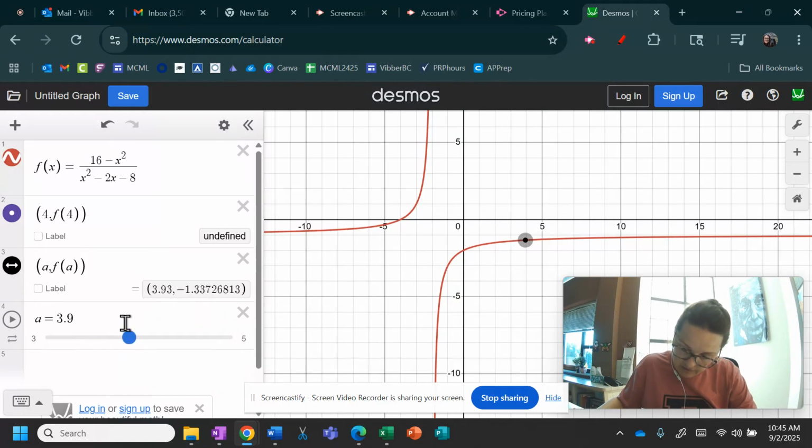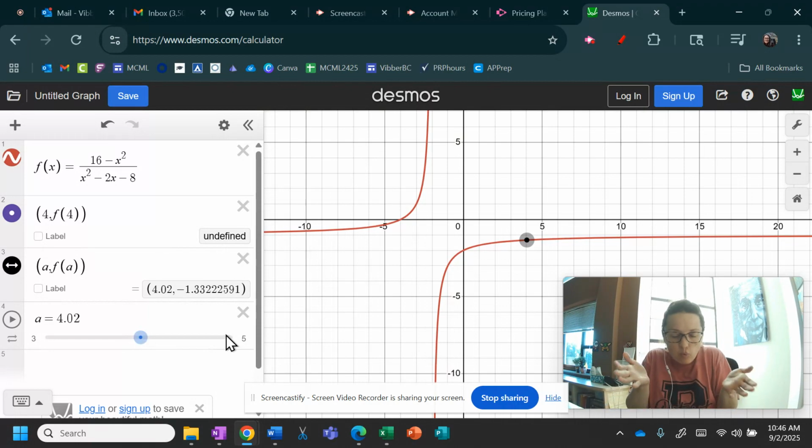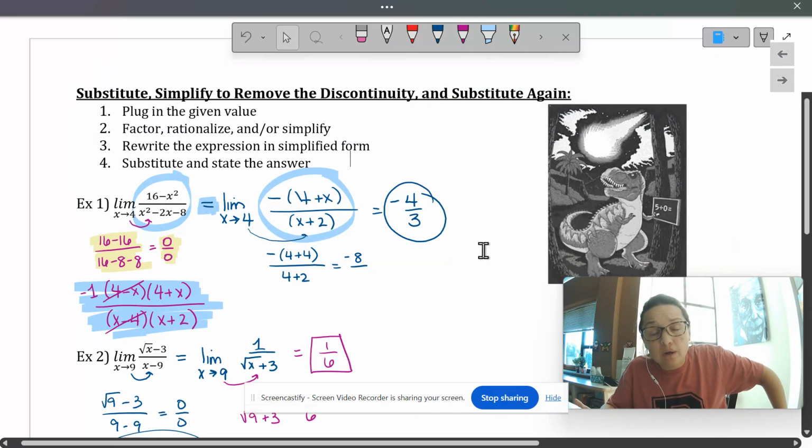If I look at my slider, as I go toward 4, I'm getting negative 1.37, negative 1.36, and then right when I get to 4, it's undefined. Negative 1.3, negative 1.3. So there's definitely something going on in the neighborhood of a y value of negative 1.33. Well, guess what? Negative 4/3 is negative 1.3 repeated.